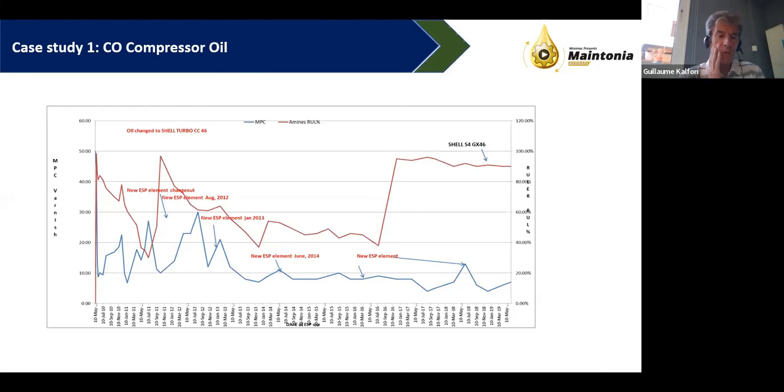And another aspect that we see with all of this is, so we have two curves on this graph. We have the blue, which is the same kind as I showed you on the previous varnish elimination evolution slide, which is the MPC value of the oil. So the lower that this blue curve is, the better.